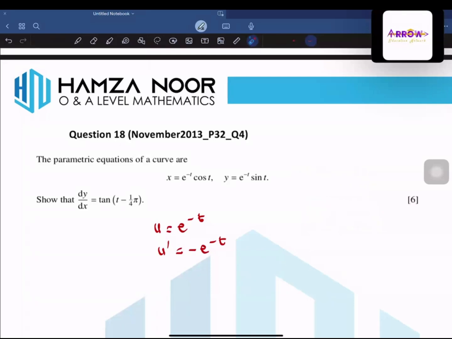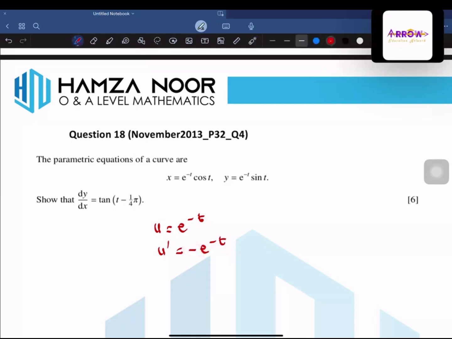I hope you have studied all of these basic concepts before attempting the past paper questions. So first we write e raised to the power of minus t as it is and then multiply by the derivative of minus t with respect to t, which is minus 1.